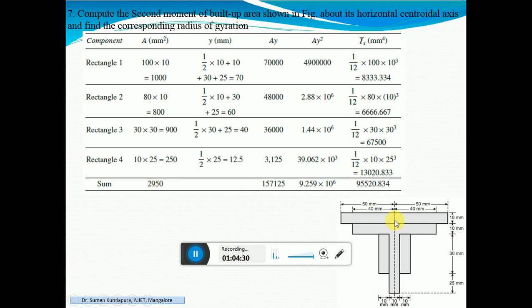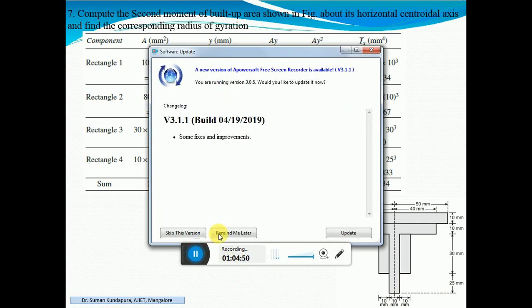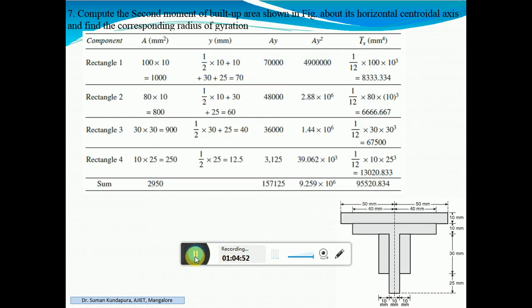Next move on to the y distances because I need Ix bar, correct? So the y distances with respect to this reference axis. From here you begin. 25 plus 30 plus 10 is 65, plus half of this 10 is 70.